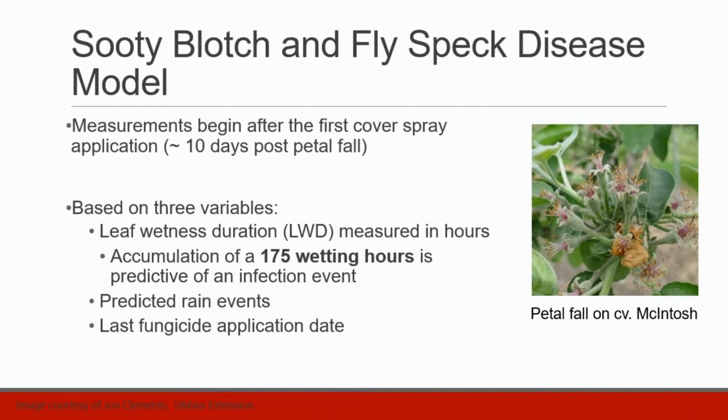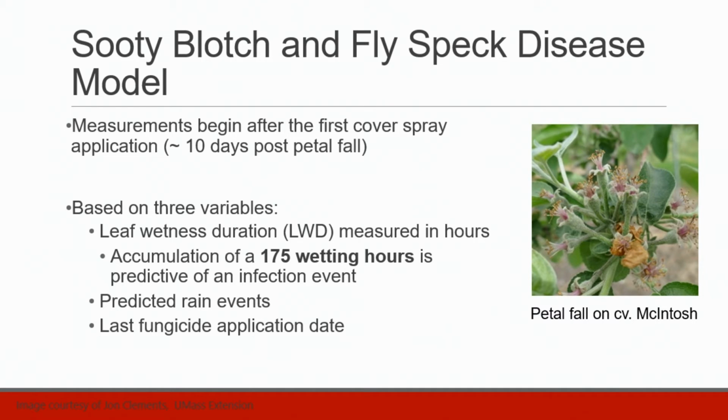The main variable in the model is hours of leaf wetness or leaf wetness duration, which is abbreviated as LWD. The other two variables in the model are predicted rain events and the timing of the last fungicide spray application.